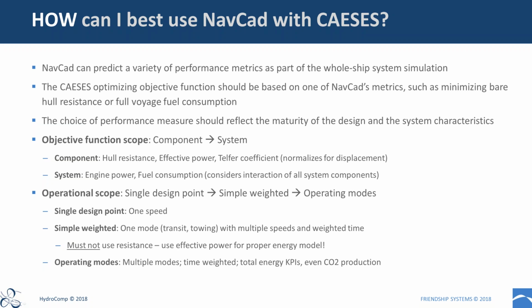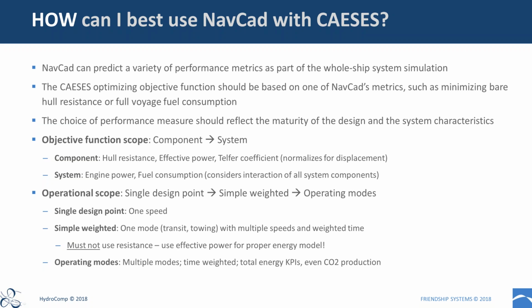System objective functions would be engine power, fuel consumption, or even emissions, which is something that we are getting into. Just as a quick sidebar, we also are seeing design drivers that are not related to the traditional thoughts of efficiency, and we're beginning to use objective functions for things like hydroacoustics and underwater radiated noise.